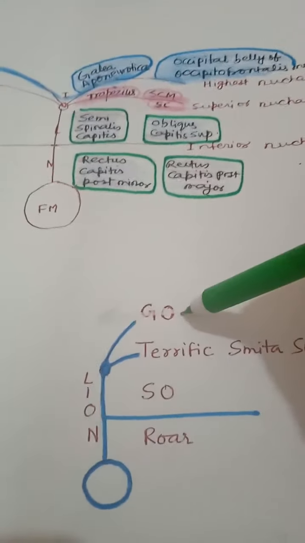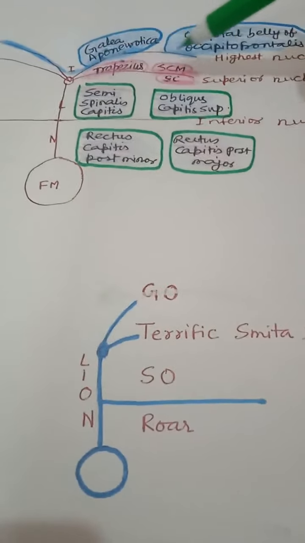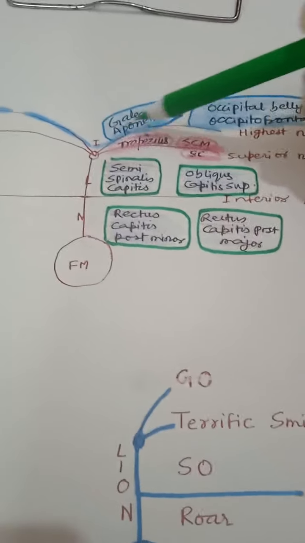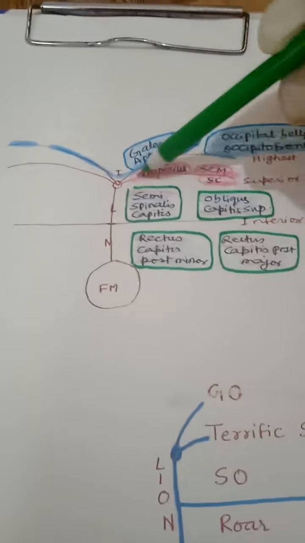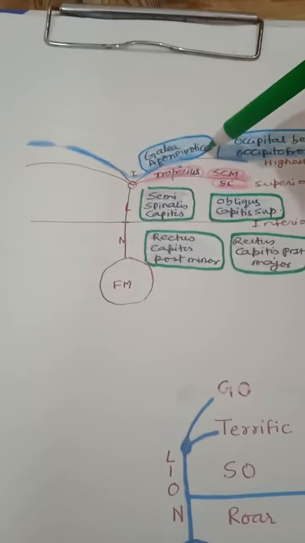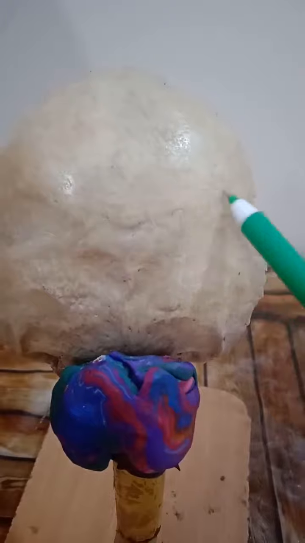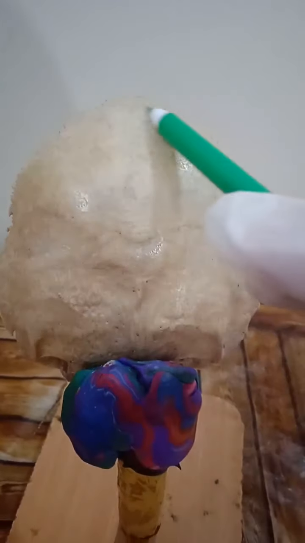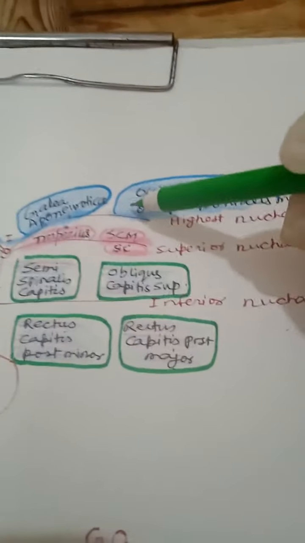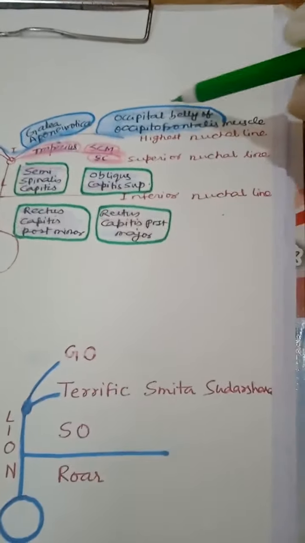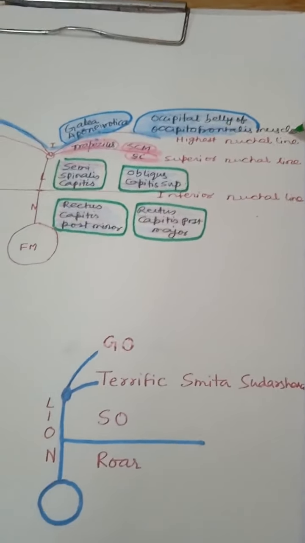So go, terrific Smita Sudarshana, so roar. Then what is go? Decode this. On the highest nuchal line, medially on both sides, there is the galea aponeurotica. This one up to here, and also here, and also on this surface, galea aponeurotica. And on the lateral aspect, this is go, that is the occipital belly of the occipitofrontalis muscle.